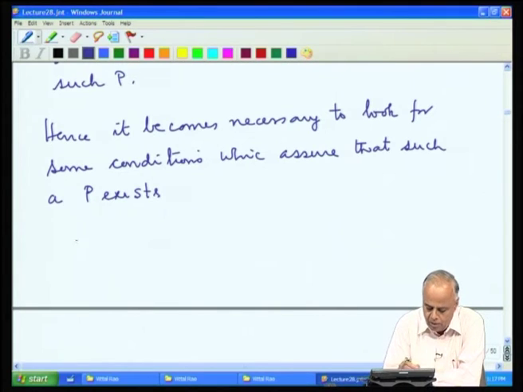So, we will use a terminology now. We will give a definition.